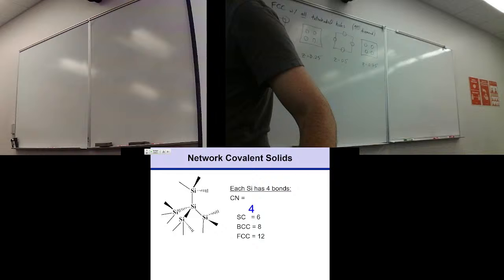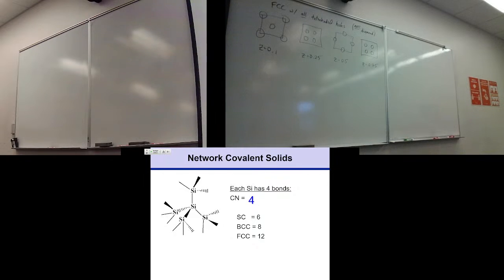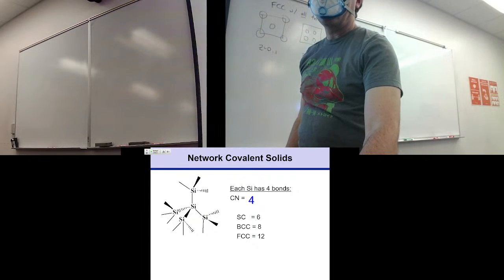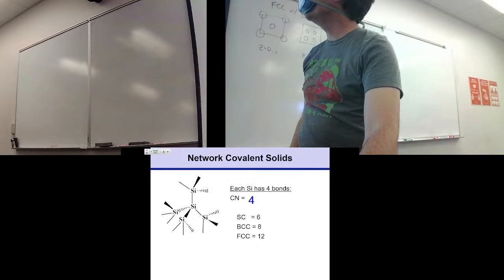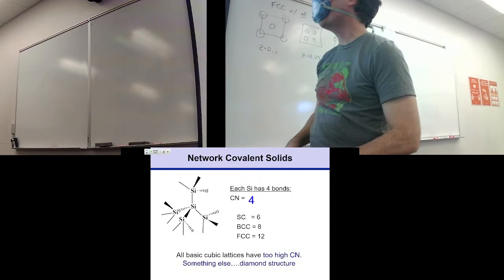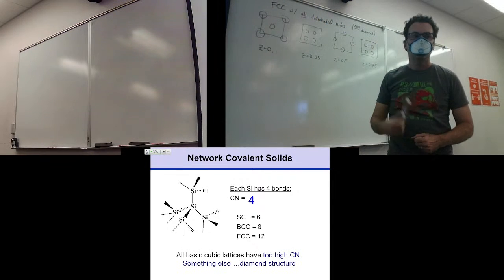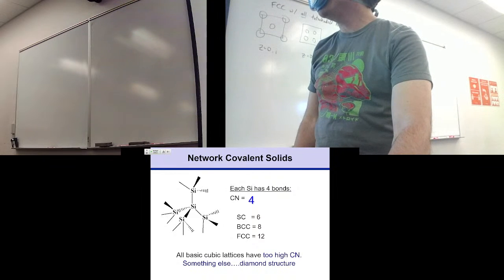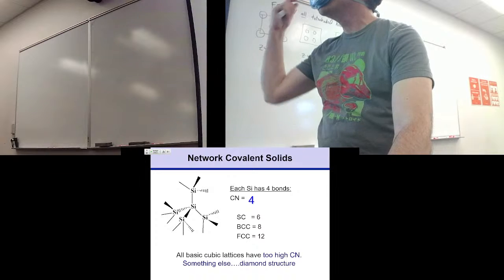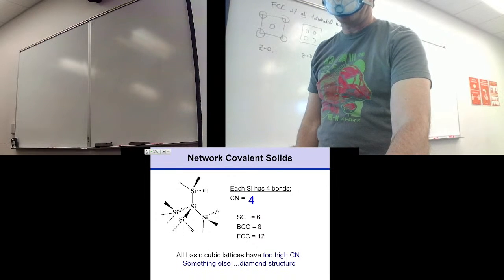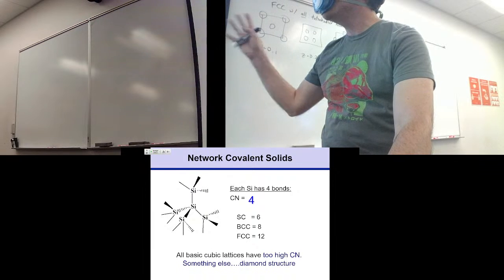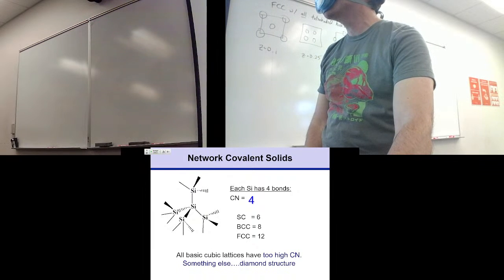And silicon has 4 nearest neighbors. 1, 2, 3, 4 in a tetrahedral shape, just like diamond does with carbon. So these network covalent solids have a much smaller coordination number. And they have to have this smaller coordination number because they only want 4 extra electrons. They don't want too many more, and having too many nearest neighbors would give them too many electrons.